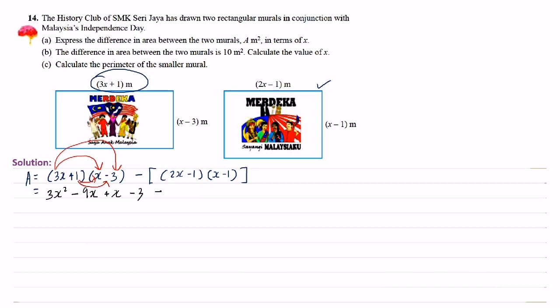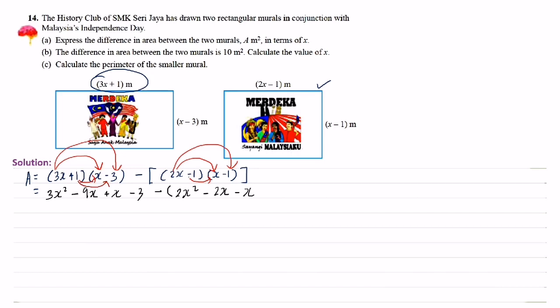Okay, minus 2s times s equals 2s squared. 2s times negative 1 equals negative 2s. Negative 1 times s equals negative s.